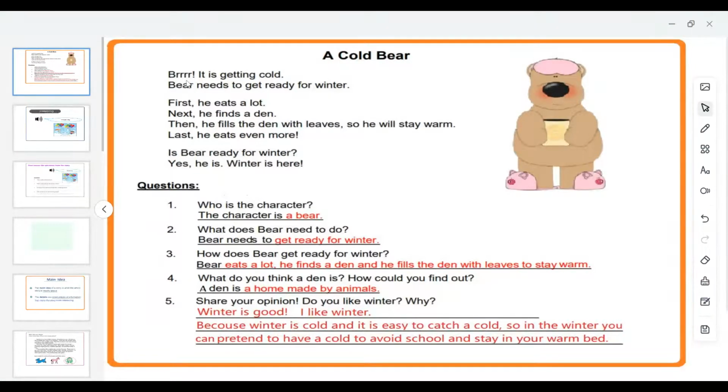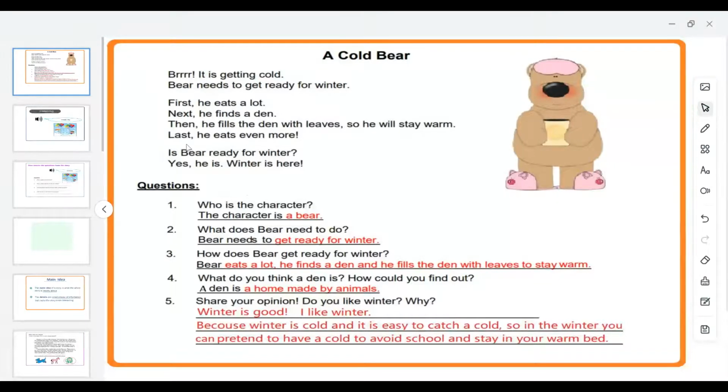It's only eight lines, but they already have four sequences. Four sequencing words such as first, next, then, last.